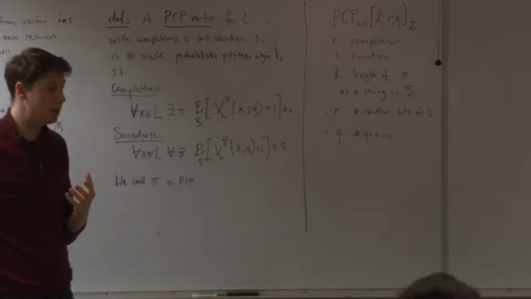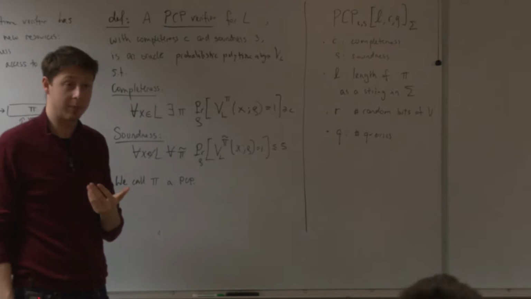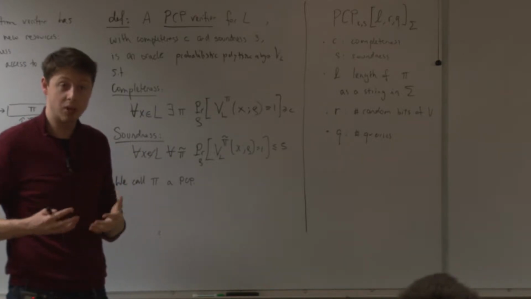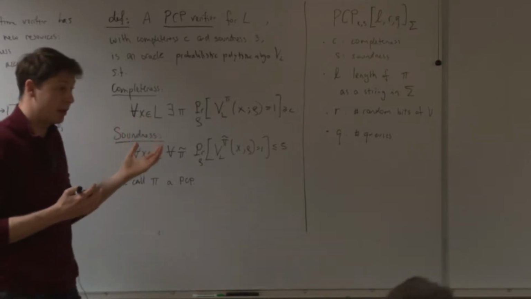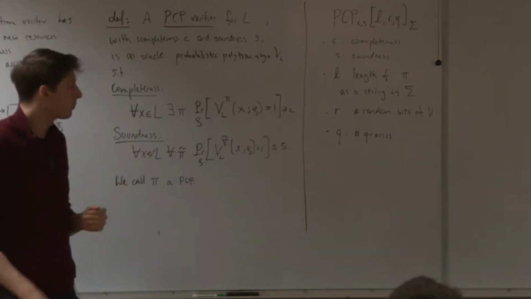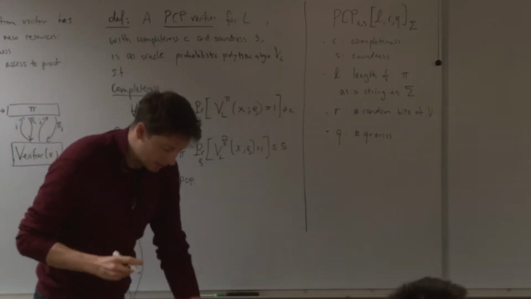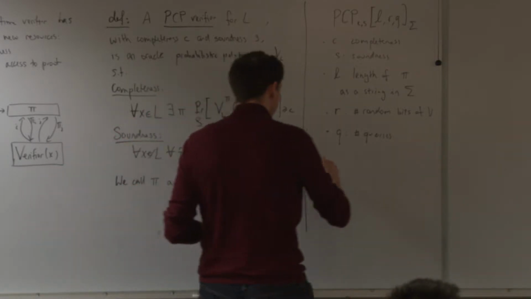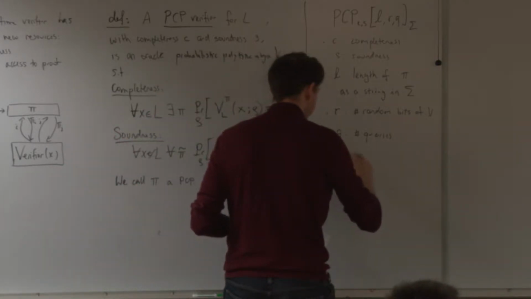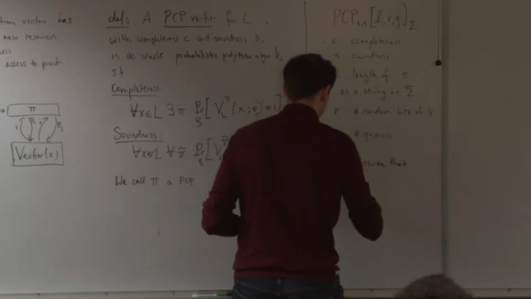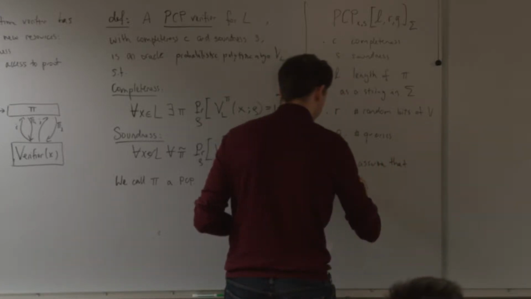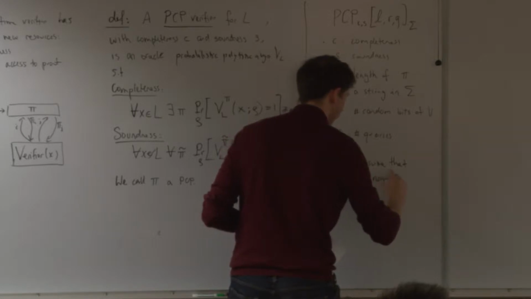Such a way of querying the proof is so-called adaptive. Some of the locations that you query depend on answers to previous queries. In general, an oracle algorithm could do that. Now, we will assume that queries are not adaptive.